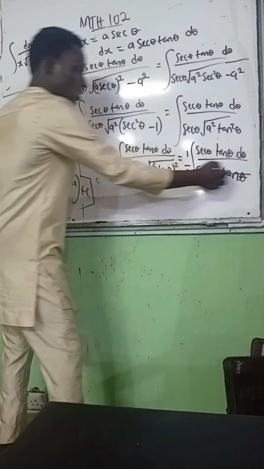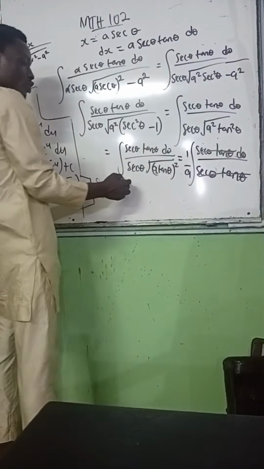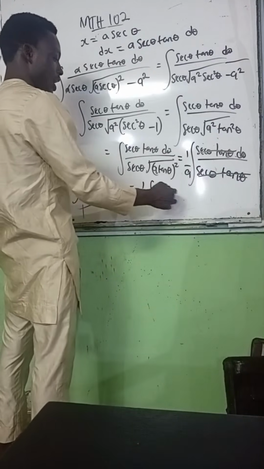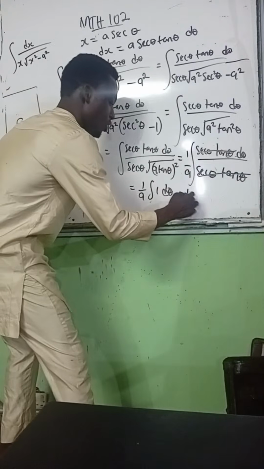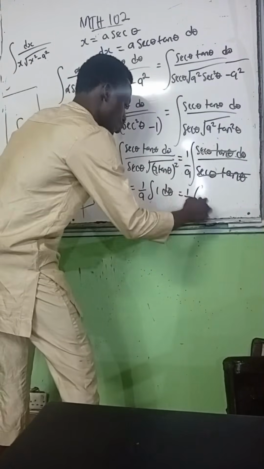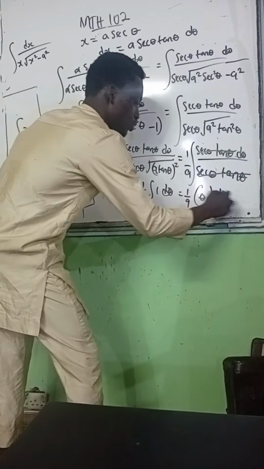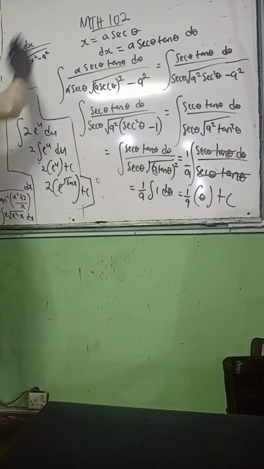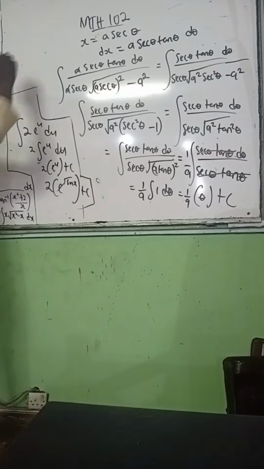So this swallows up this guy. So now what? 1 over A integral of what? 1 d theta. So here you have 1 over A times what? Theta plus C. So we have 1 over A. What's our theta?